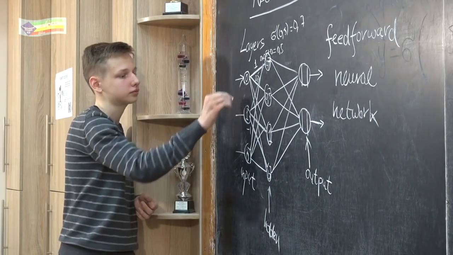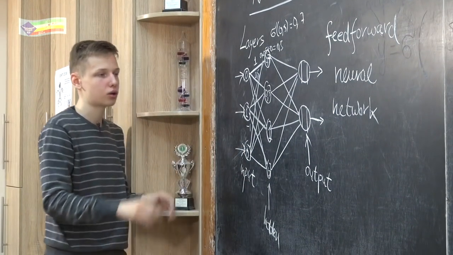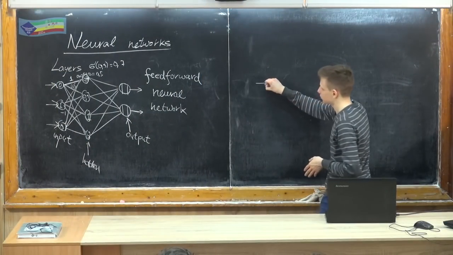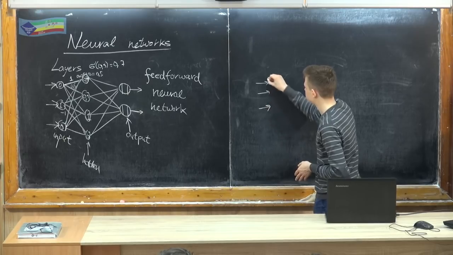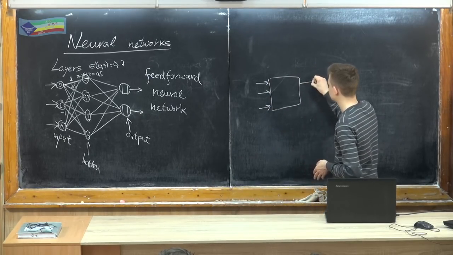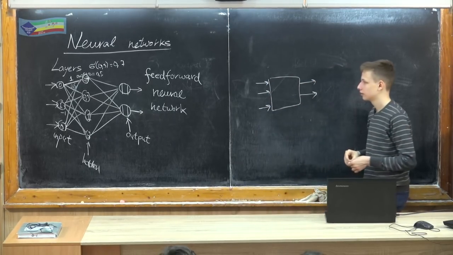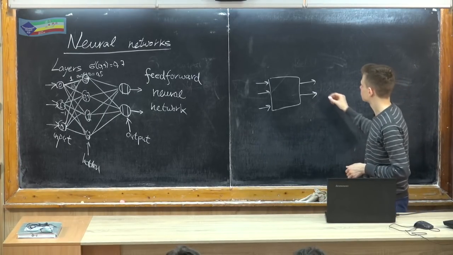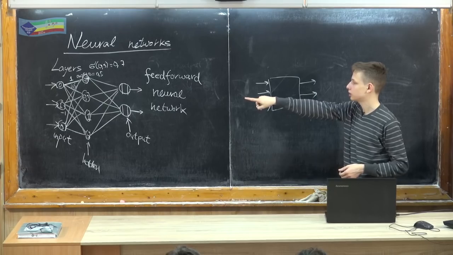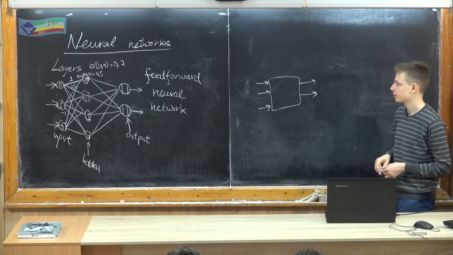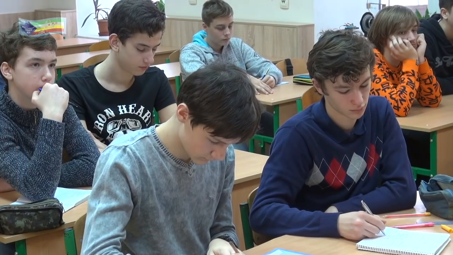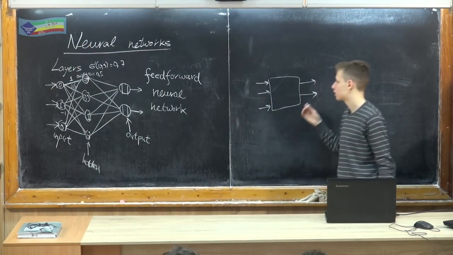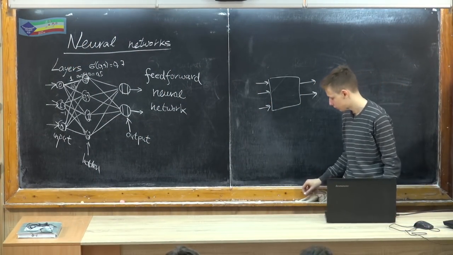And this means that the whole structure can be treated as just a black box, which we've talked about in previous lectures. And so we have 3 inputs and 2 outputs, and somewhere in between, we have hidden layers. So that's how we can treat neural networks.